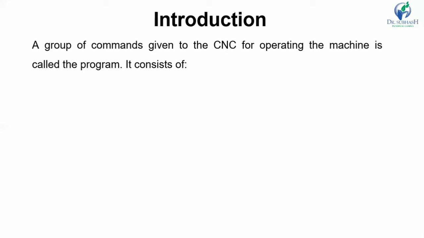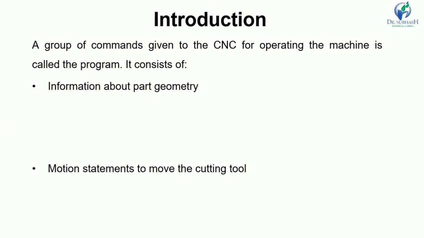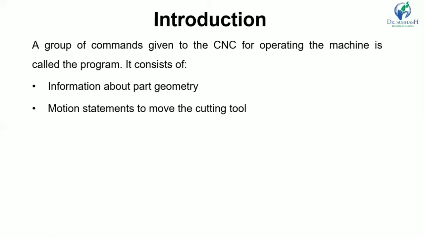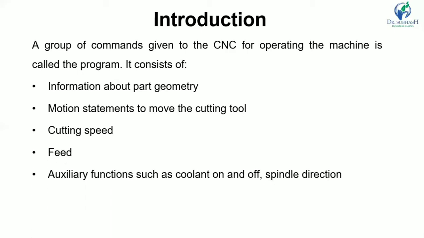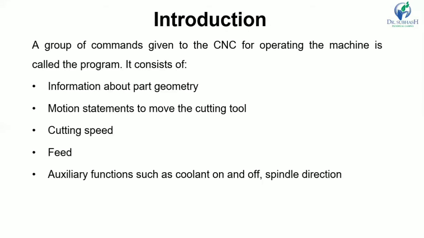It consists of information about the part geometry, motion statements to move the cutting tool, cutting speed, feed, and auxiliary functions such as coolant on and off, and spindle direction. So these are the different parts a part program will consist of.